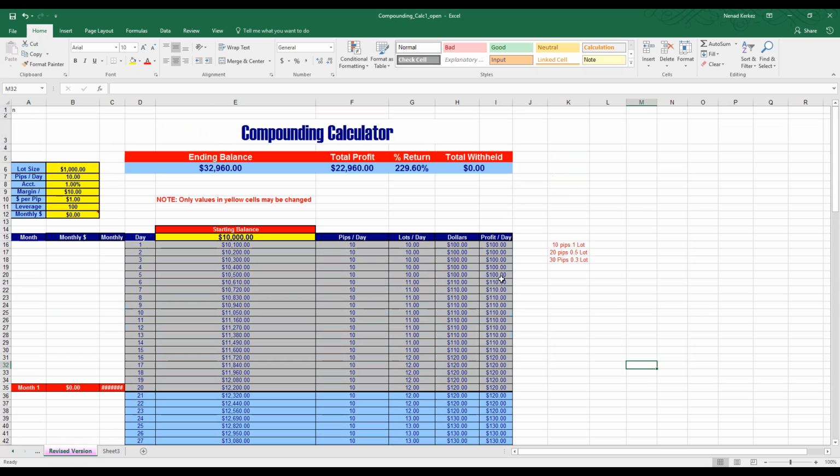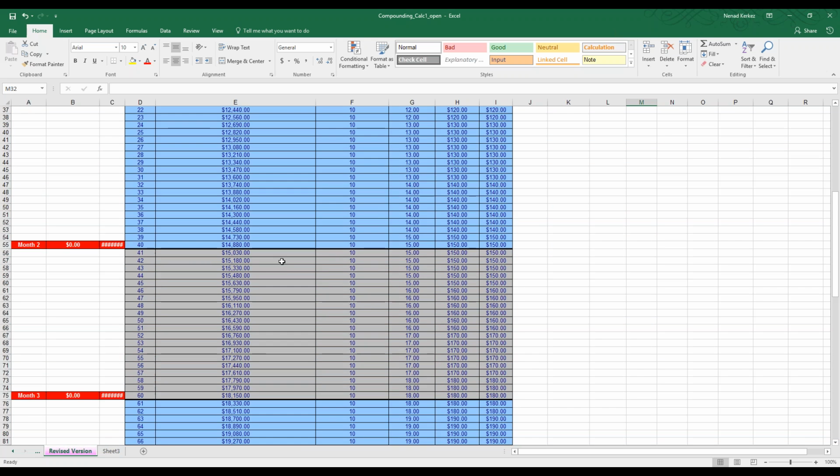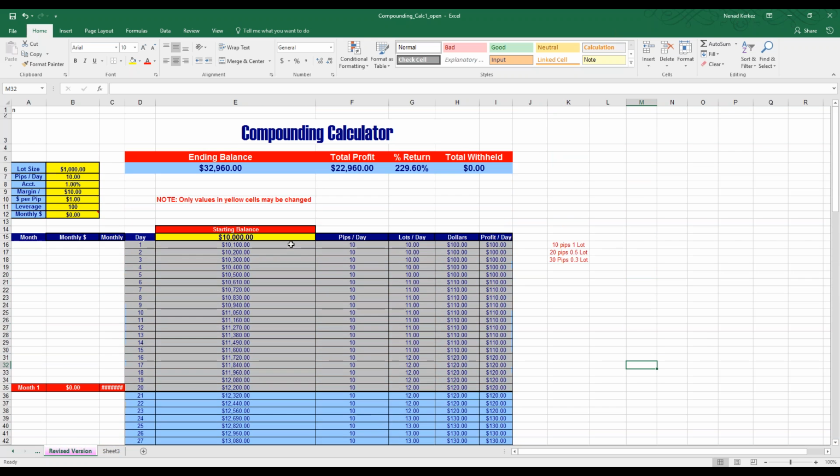Now, I know that probably 99% of you have never made this. Why? Because of psychology. Because the human mind is not programmed to do things like robots. This can be achievable by coding an expert advisor or a robot that will make 10 pips per day with 35 pips stop loss.